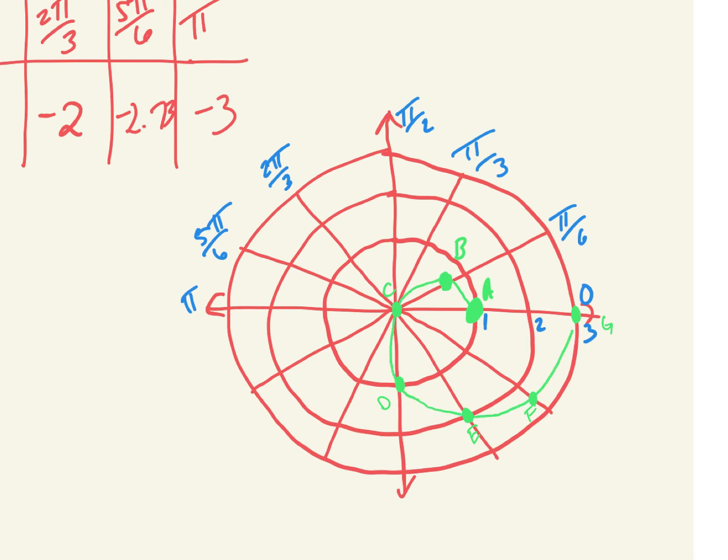curves around, and the symmetry would reflect over the x-axis. So very, very similar. I'll do the symmetry in yellow. I think you'll be able to see it. So we're there, we're here, here, here, and then we're here, and then we are here, here, and here.